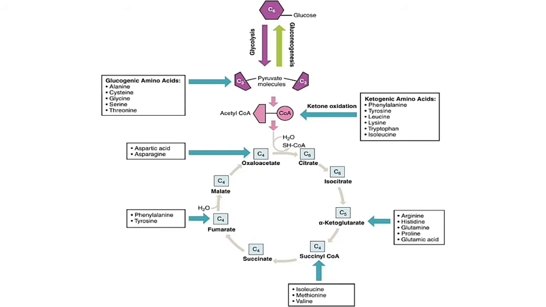Now, the amino acids serve different functions by conversion of amino acids to different products of glycolysis also, such as the glucogenic amino acids get converted to pyruvate and the ketogenic amino acids get converted to acetyl CoA, whereas aspartic acid and asparagine get converted to oxaloacetate in the TCA cycle, or phenylalanine and tyrosine get converted to fumarate, or arginine and histidine get converted to alpha ketoglutarate.